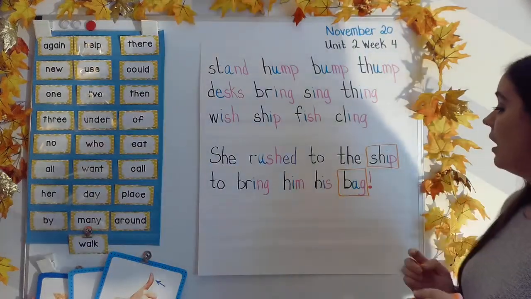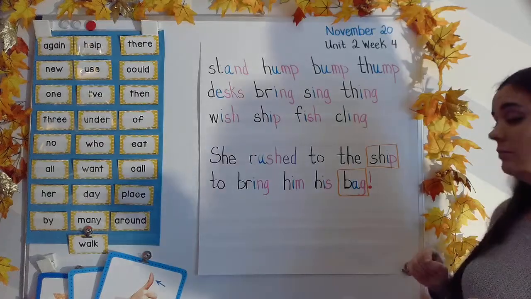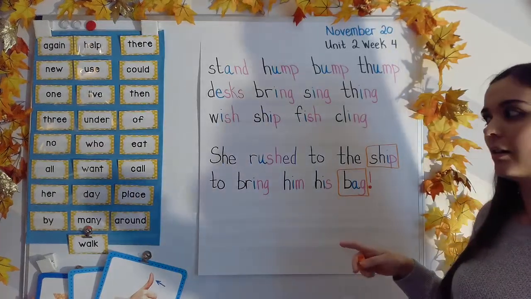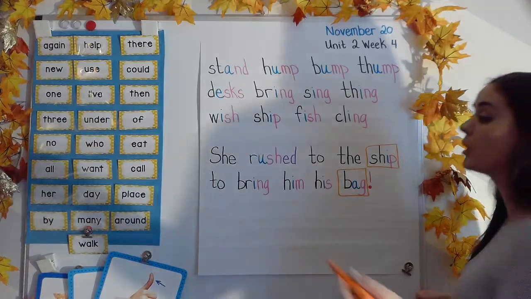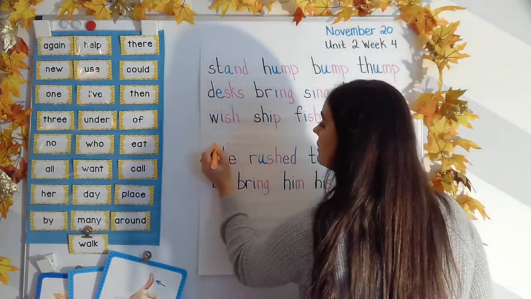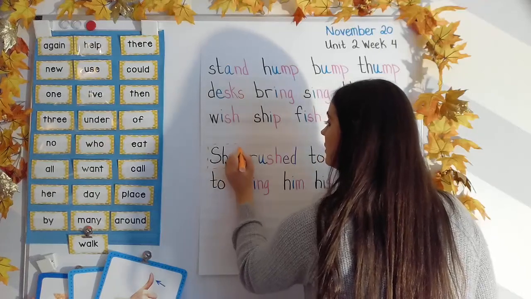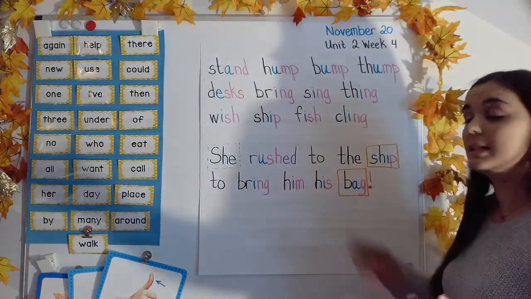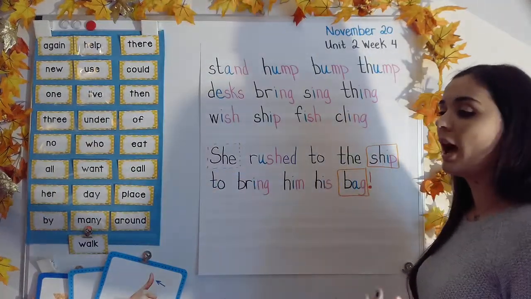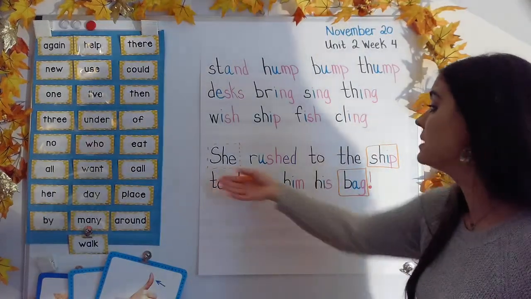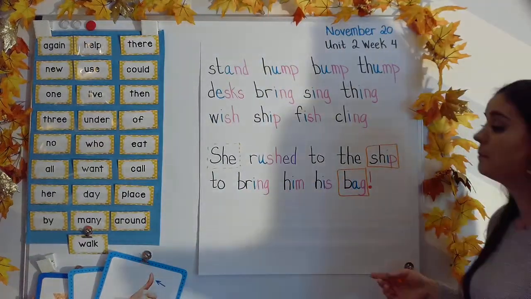Now, she, him, and his are also kind of nouns. They are called pronouns. And a pronoun, I just like to put a dotted line around here. A pronoun is something that takes the place of a noun. So instead of she, I could say Miss Porter. Miss Porter rushed to the ship to bring him his bag. All right?